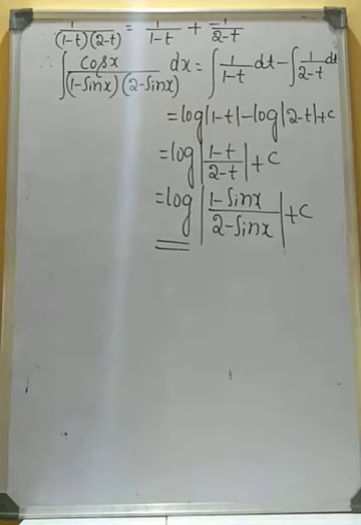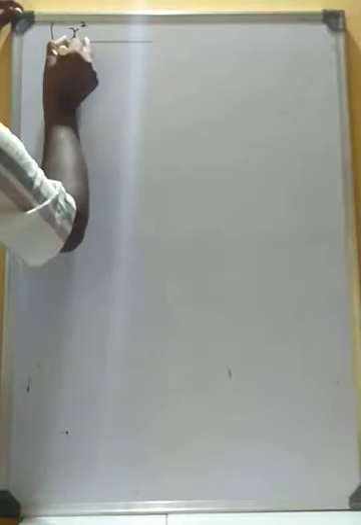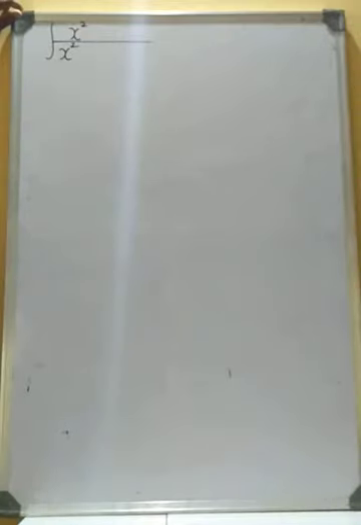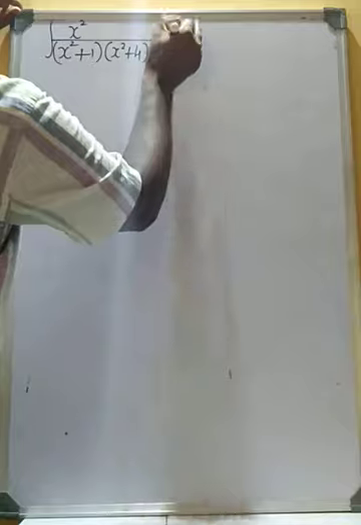The next, one more example. Find integral of x square dividing by (x square plus 1) into (x square plus 4) into dx.